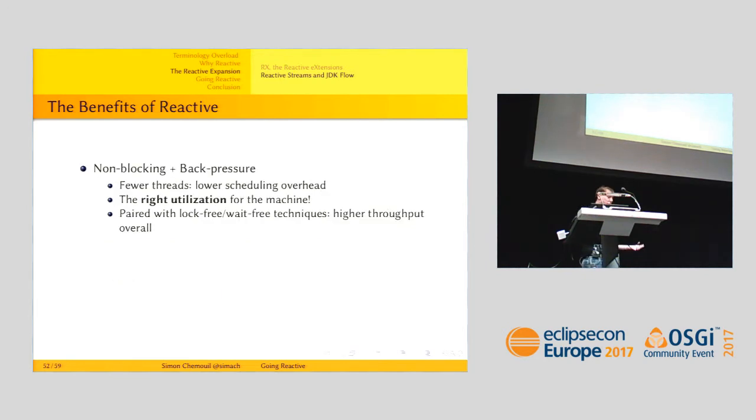So what we get from reactive is non-blocking back pressure. So lower scheduling overhead because we have fewer threads and less allocation, less context switching, and we get more utilization of a machine. There are cases like at work where we made a program twice as fast by going from blocking queues to reactive.